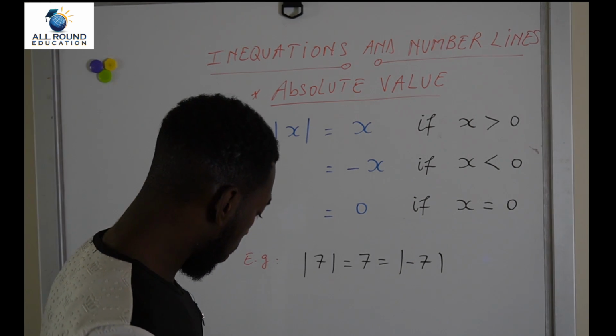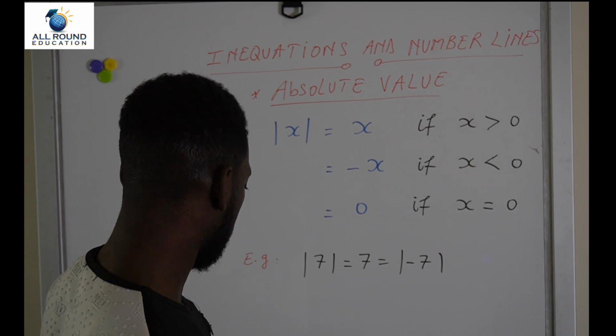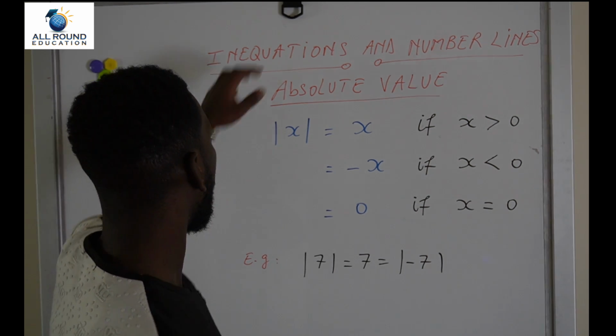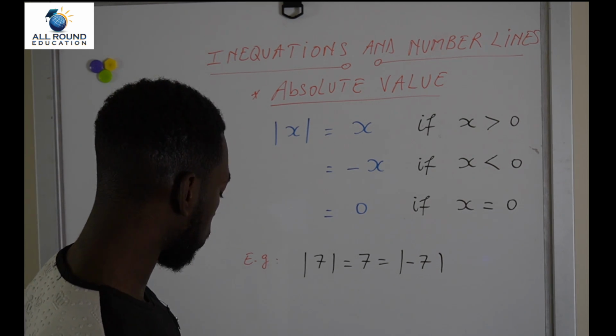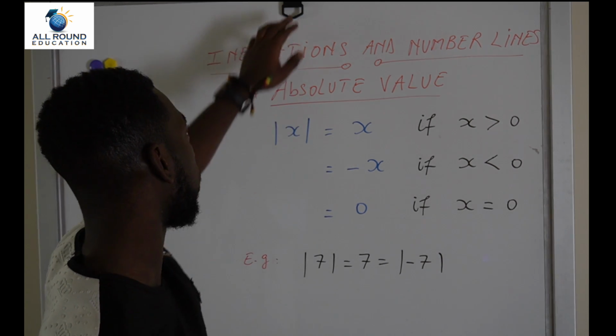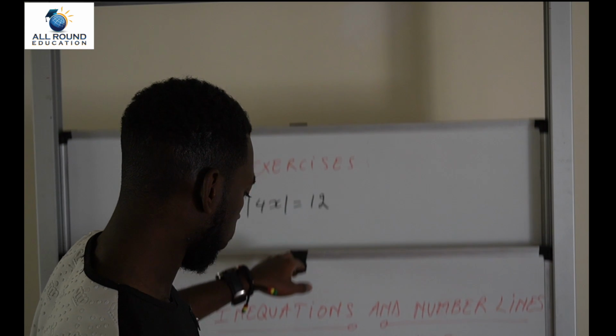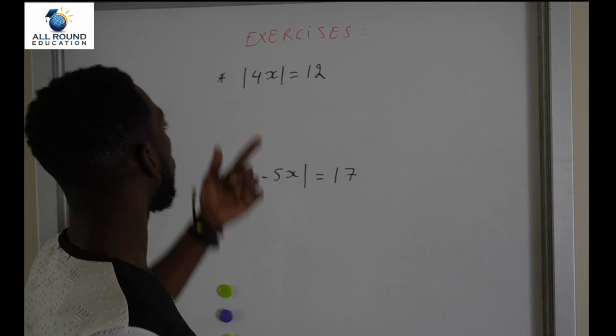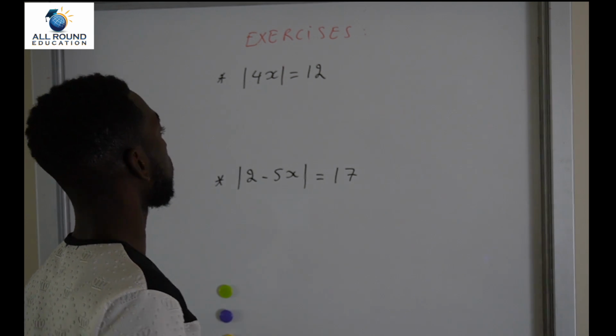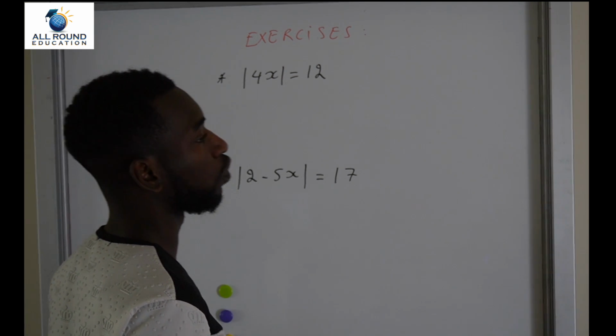Now without talking too much, let's get started with the proper exercises. This time, as I said, we'll be working on equations of absolute values. The first question is: the absolute value of 4x is equal to 12.